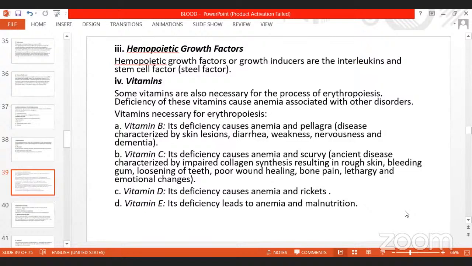And vitamin D deficiency produces anemia and rickets. Vitamin E deficiency leads to anemia and malnutrition. So B, C, D, and E are the essential vitamins for the production of RBC.